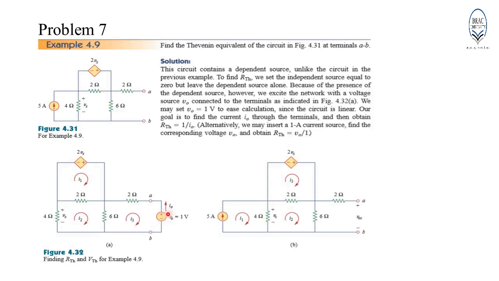I0 is basically equal to minus I3. We can determine the current I3 using mesh analysis. So, this is the method which will be followed to determine R Thevenin whenever there is a dependent source present.